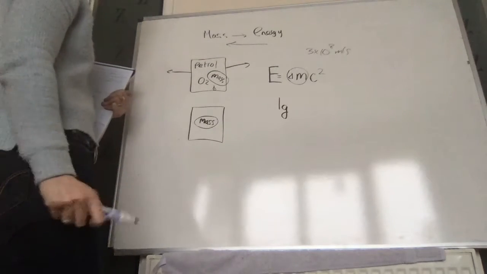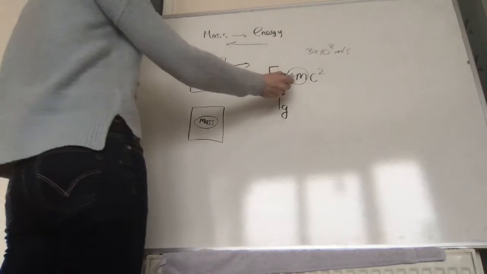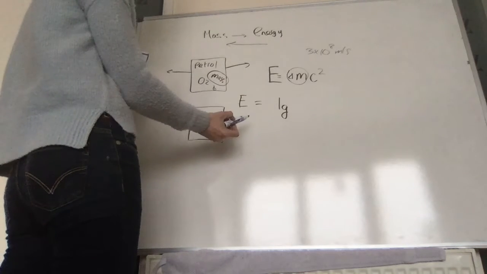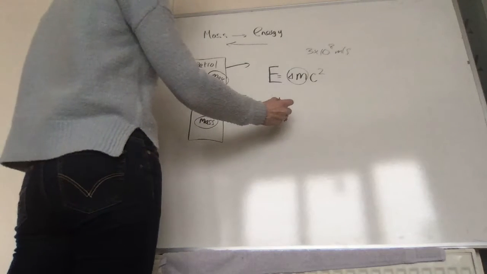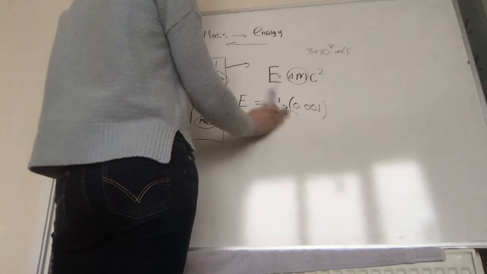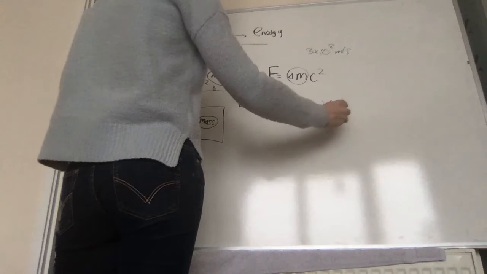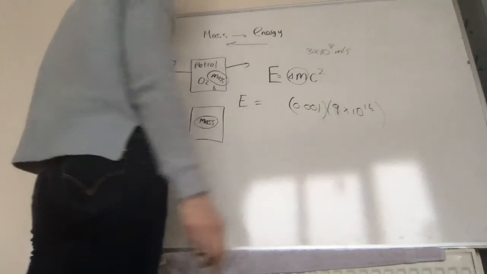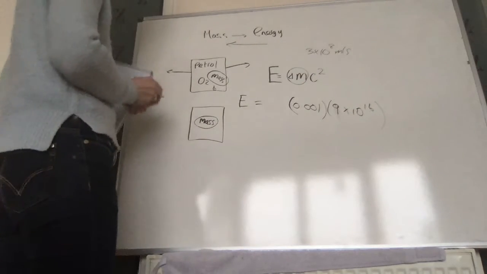So 1 gram change in mass created that amount of energy, because if 1 gram of mass is converted into energy, the amount of energy that you get is the 1 gram, which is 0.001 kilogram, times (3 × 10⁸) squared, which is 9 × 10¹⁶ joules. Okay, that's a huge amount of energy.